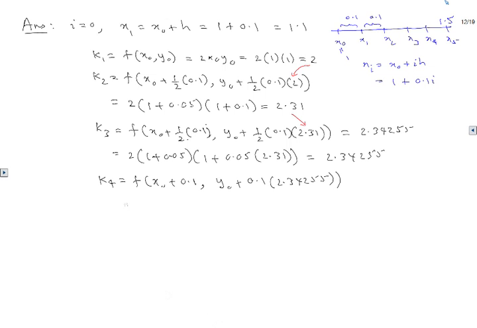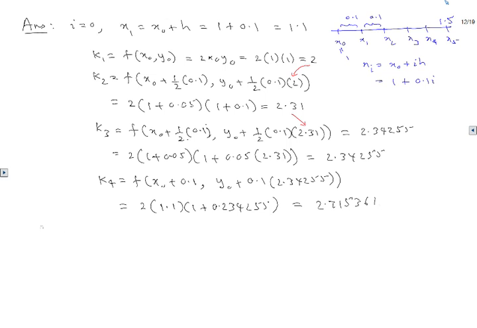If you simplify these two, you end up getting 2 times 1.1 here times 1 plus 0.234255, and if you simplify this, you end up getting 2.715361. Okay. So those are the values you're gonna get.